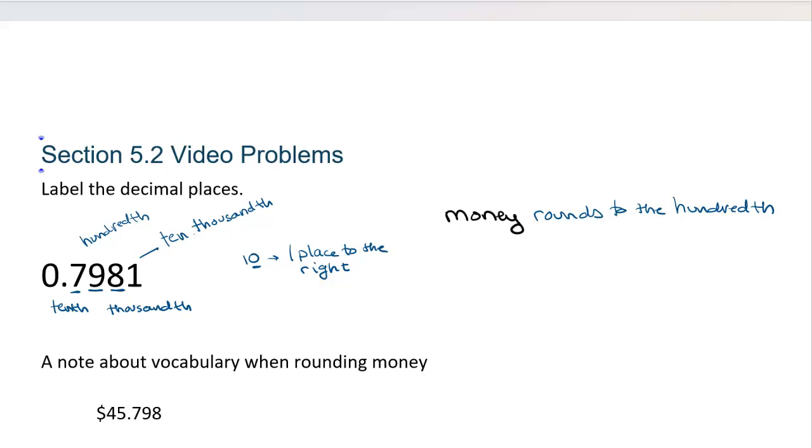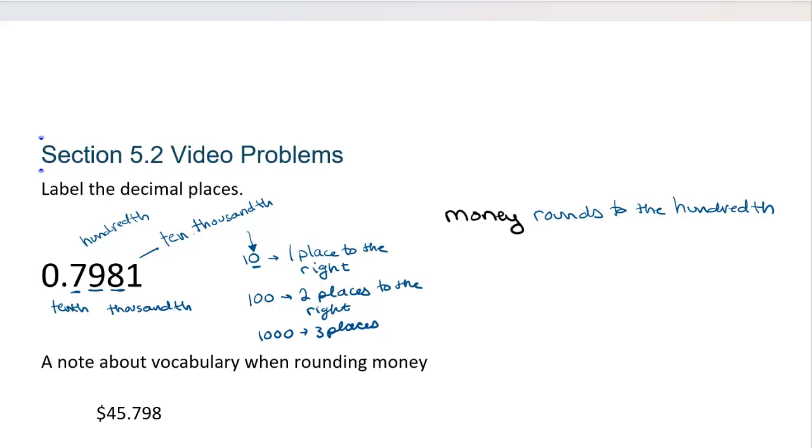So it's its relation to the decimal point. 100 is 2 places to the right. 1000 is 3 places, and so forth. Okay, so notice the number of places to the right aligns with the number of zeros that you think of for that given place name, right? 10 or 10th. Well, 10 is 1 0. 100th or 100. 100 has 2 zeros, and so forth.